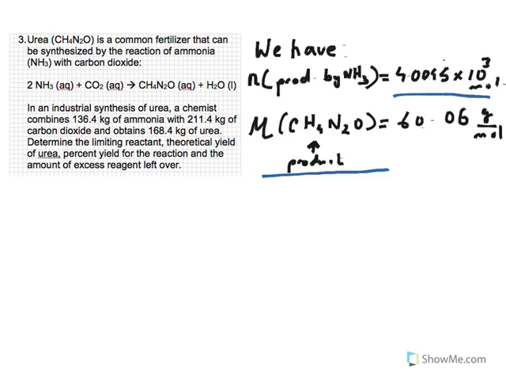Now that we have the information that we need, we can calculate the theoretical yield of the product, or the amount of urea that was supposed to be produced through the reaction.